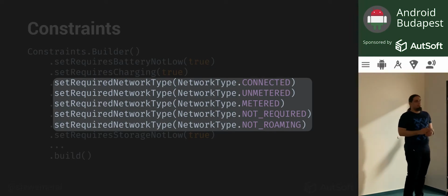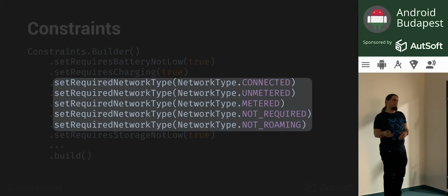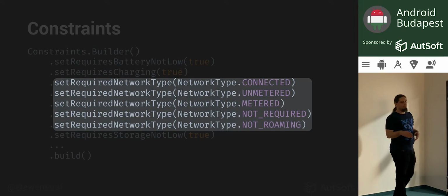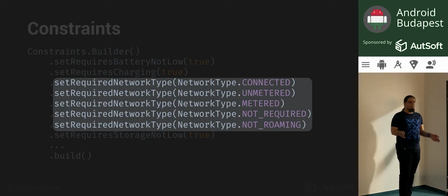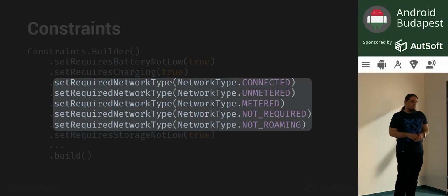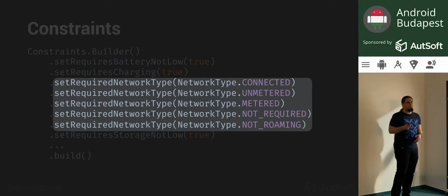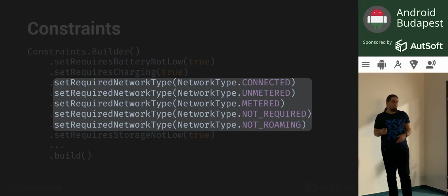Of course, that gives us some problems which we have to think of, like what if the work is already started, its constraints were met, like the device had internet with the NetworkType.CONNECTED constraint, but during the run of the work, this constraint becomes invalid, the device loses the internet connection.